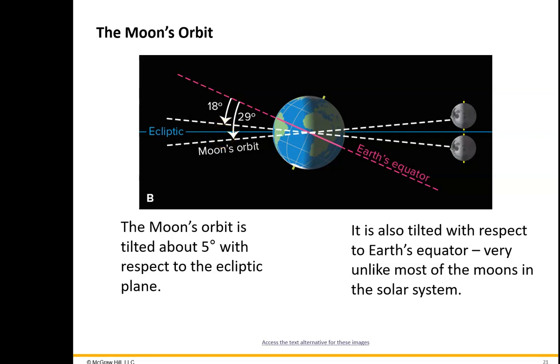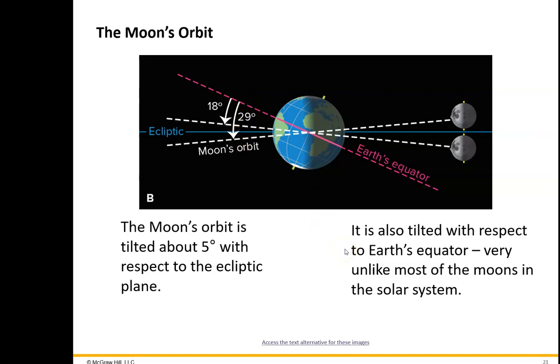Now, with respect to the Earth's equator, which is also known as the celestial equator, the moon is tilted by about 29 degrees. So if you just compare the orbit of the moon to the celestial equator, it's tilted by 29 degrees.